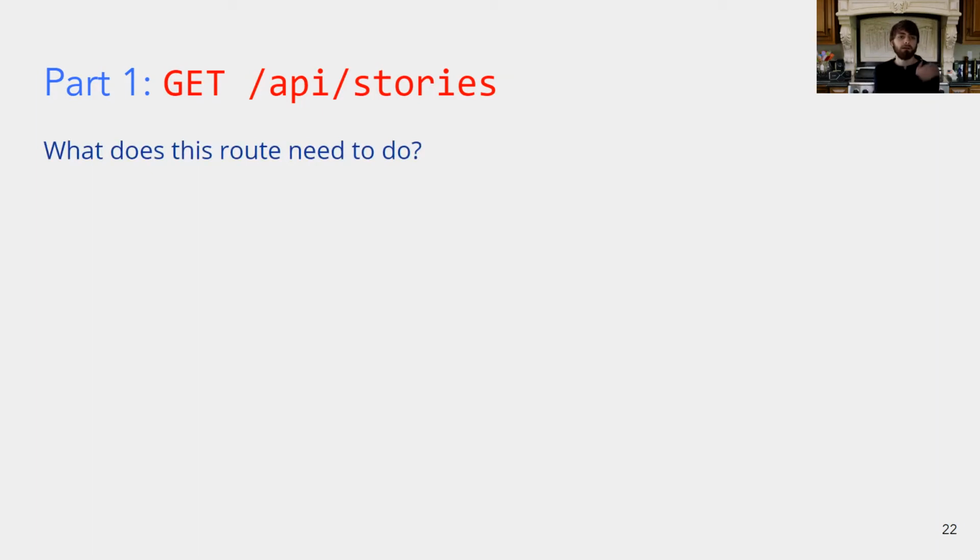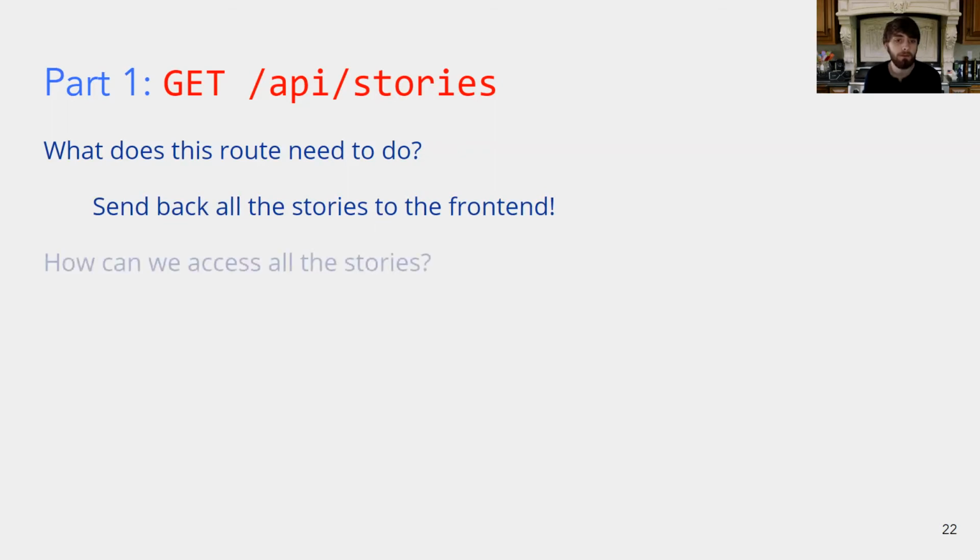So we have our first actual useful endpoint that we need to make after all this time. What does the /api/stories route actually need to do? It simply needs to send all the stories back to the front end. So this makes things a little easier for us.